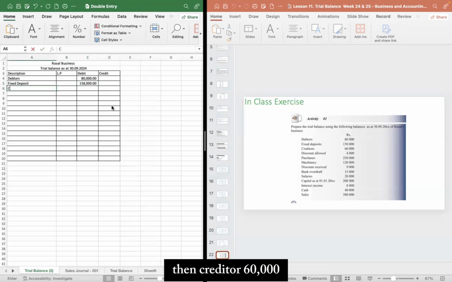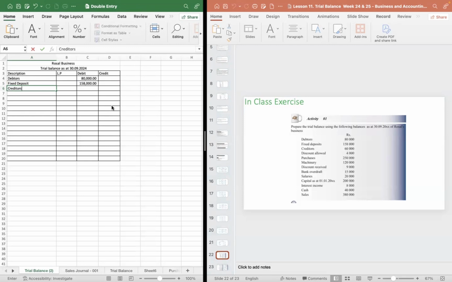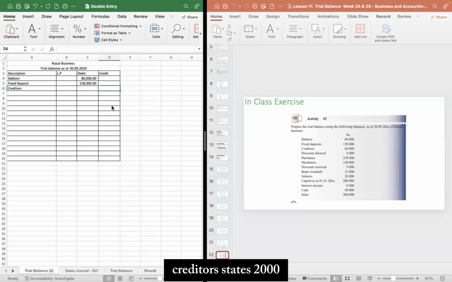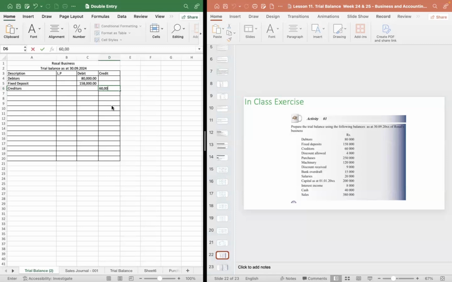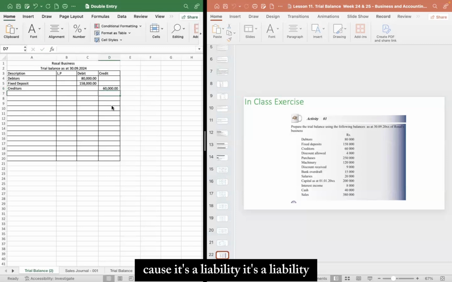Then creditors 60,000. Should it be debited or credited? Credit. What is the reason?